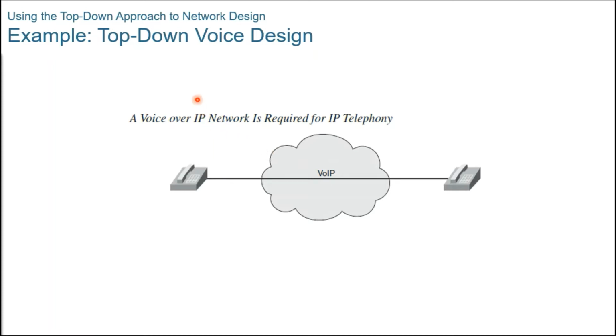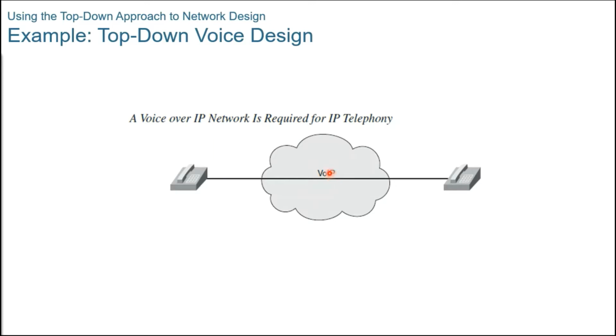Top-down example. Consider an example that uses the basics of the top-down approach when designing an IP telephony network solution. In this example, the customer requires a network that can support IP telephony or VoIP.